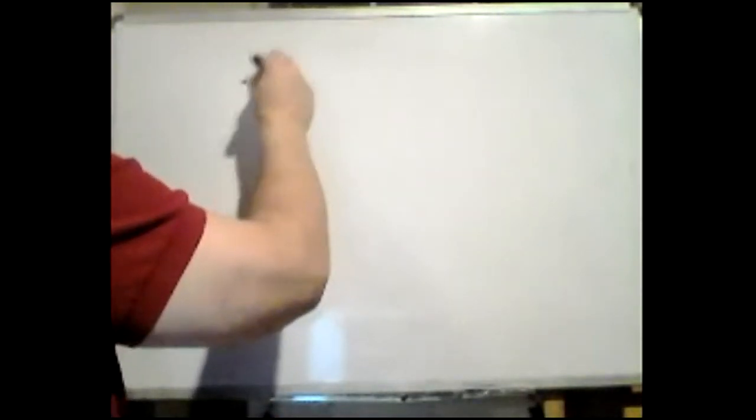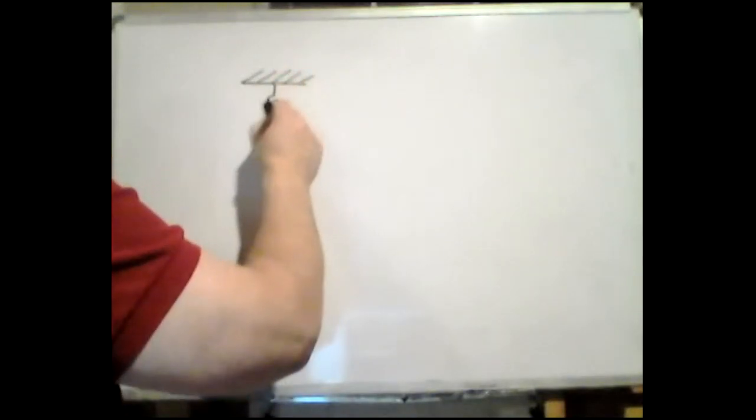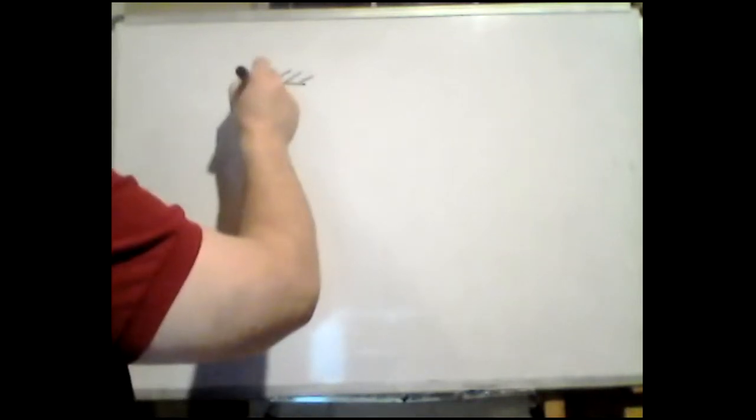So let's instead consider hanging my mass upside down. We'll talk about the y-axis instead. Here's the ceiling. I'm going to hang my spring, and I'm not going to put anything on it. My spring has a natural length.